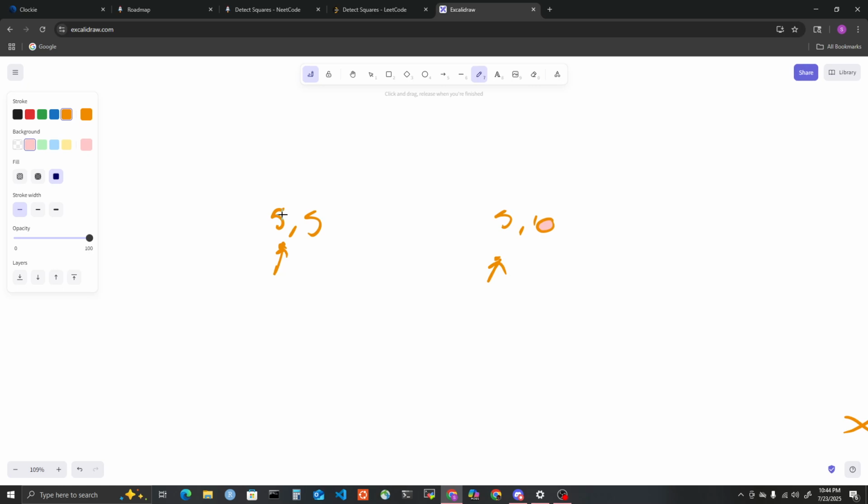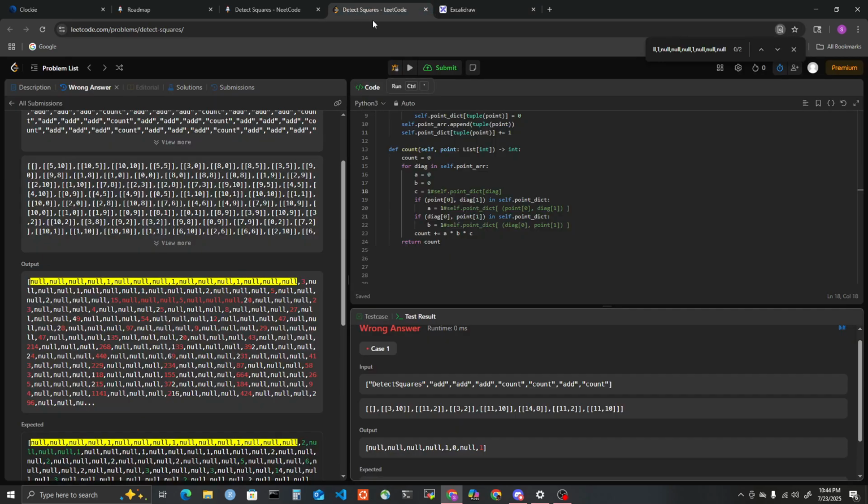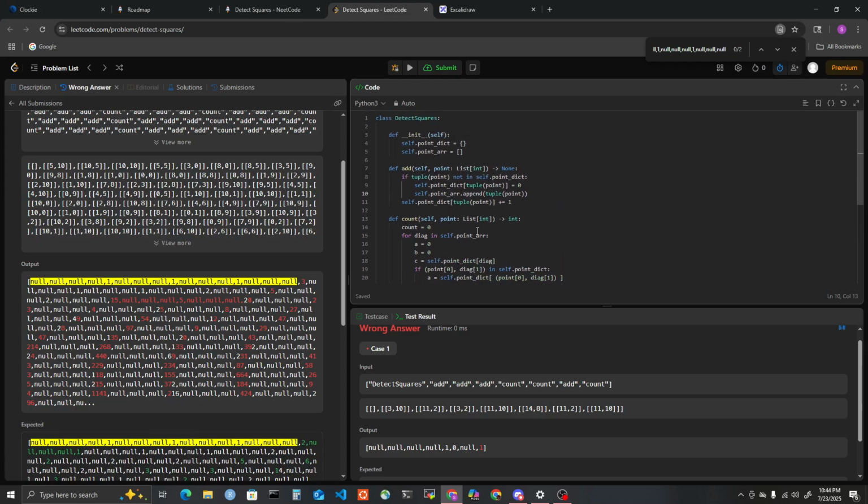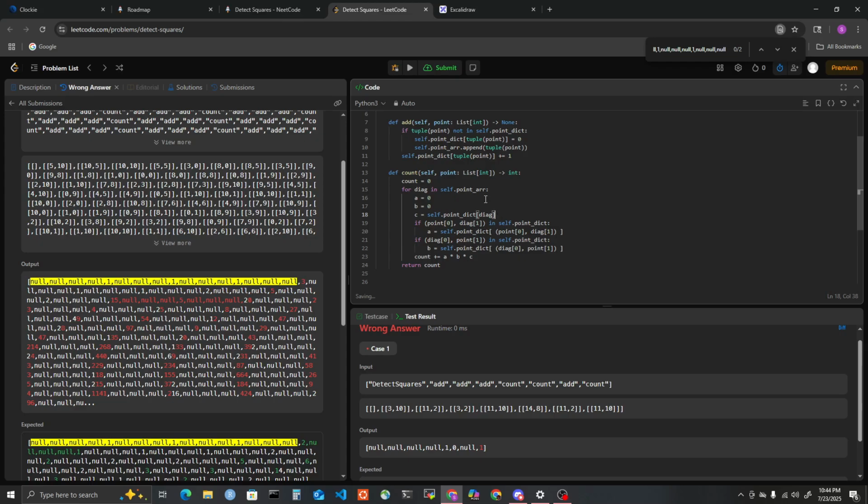So it has to be a diagonal. If it's on the same plane, it breaks. So that's one thing that could be causing this breakage, is that they're on the same.